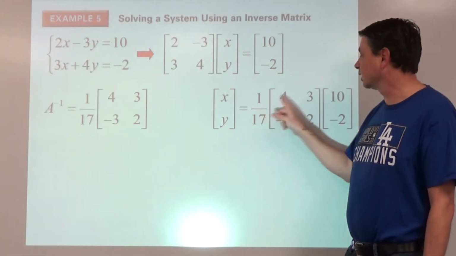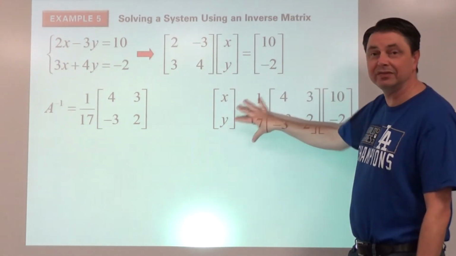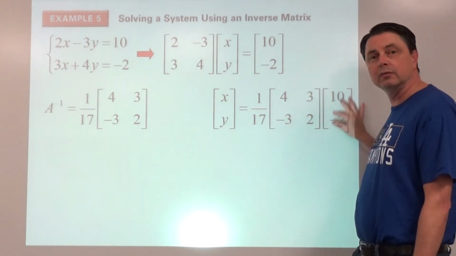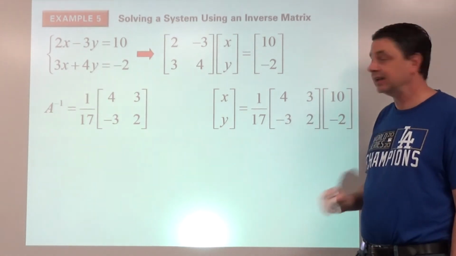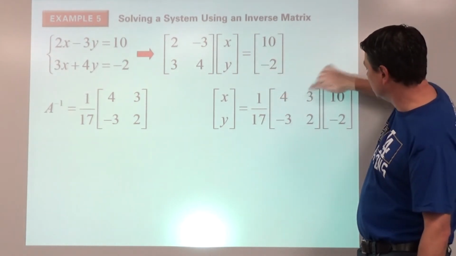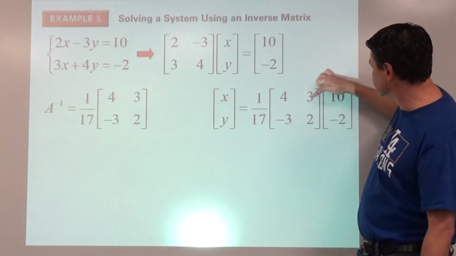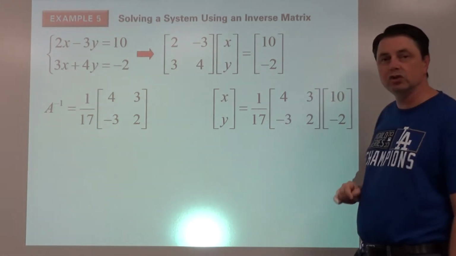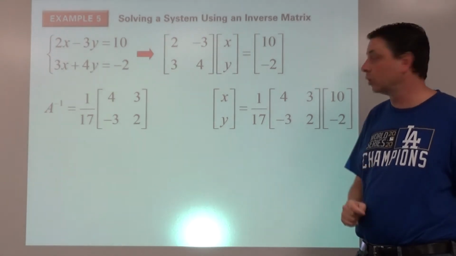Now we can do the scalar multiplication into either one of these, but not both. I would prefer to multiply the two matrices first, then we can do the scalar. So row by column, first and first, second and second, 4 times 10, 3 times negative 2, add those together, we get 34.